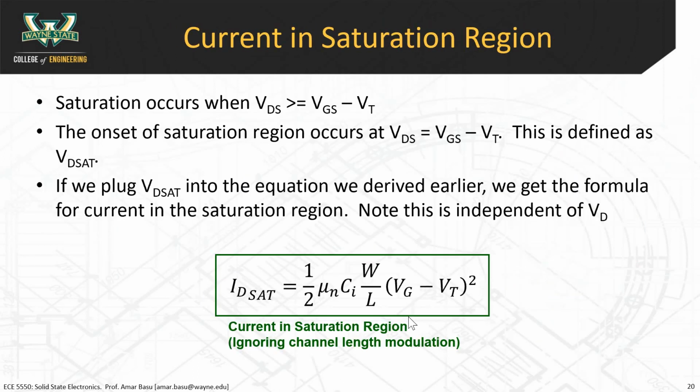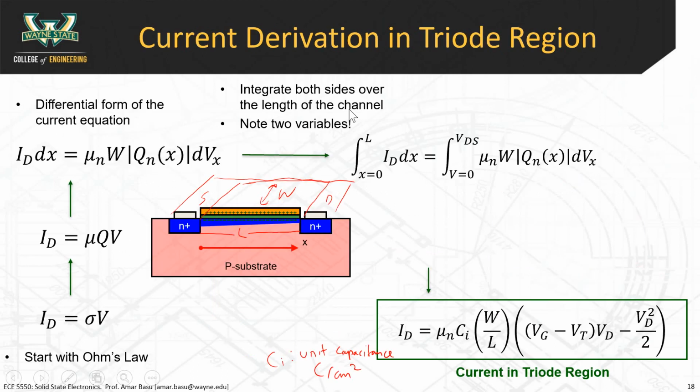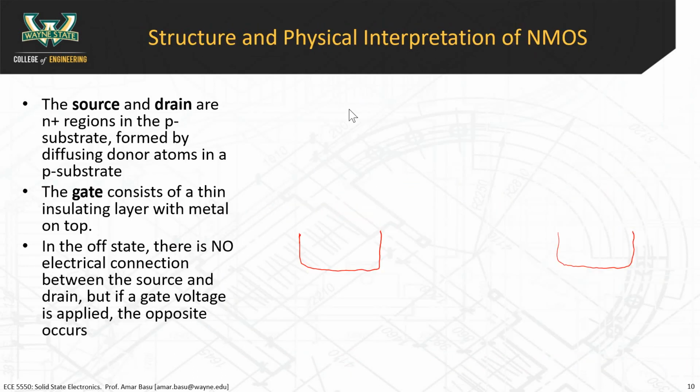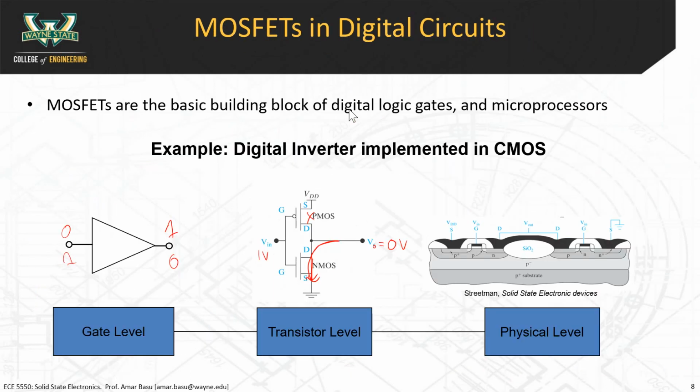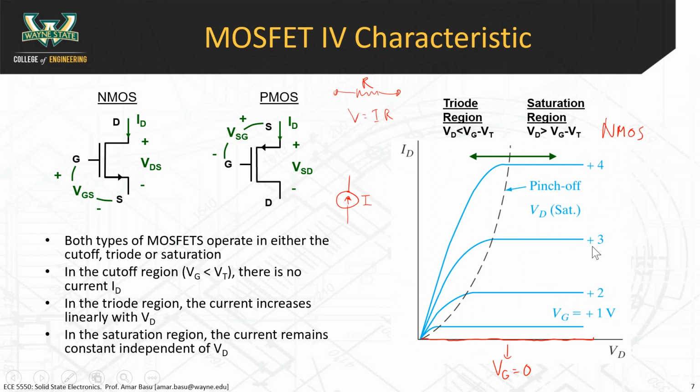All right. So let's talk about the current in the saturation region now. So in the saturation region, this occurs when VDS is greater than VGS minus VT. Just to remind everyone, this is the region that we're talking about here. So the saturation region is out here. Notice the triode region, the one that I just talked about. For small values of VD, it was linear.